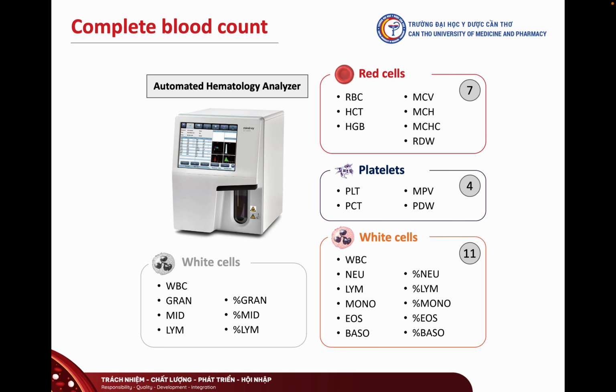However, you will see older analyzers in some hospitals when you are in training in the city. These typically report only 7 white cell parameters, not the 11 parameters we discussed before.